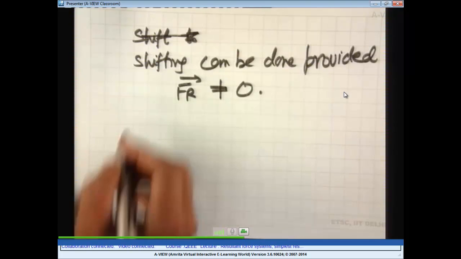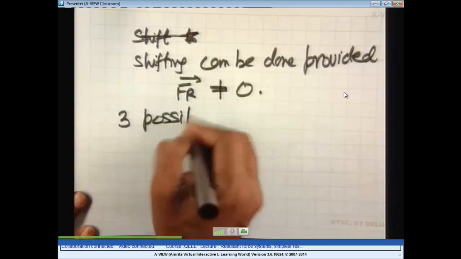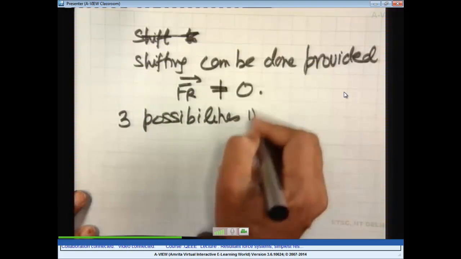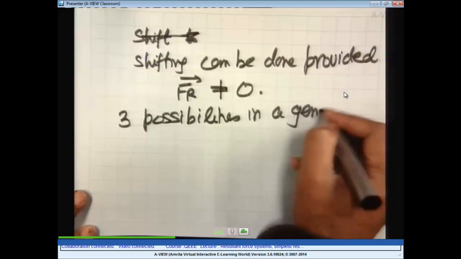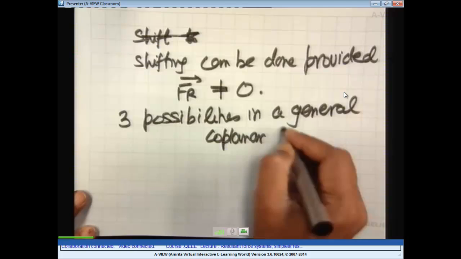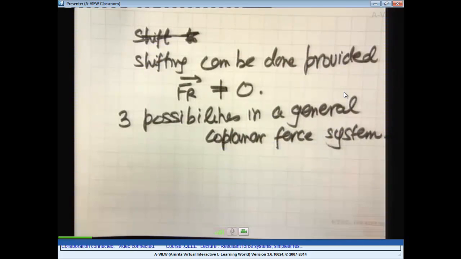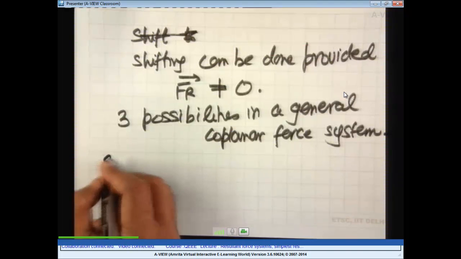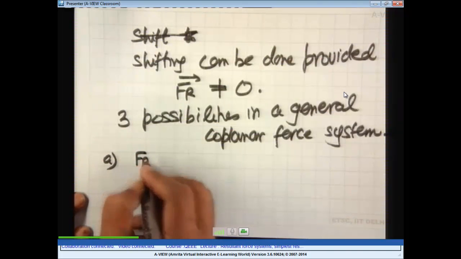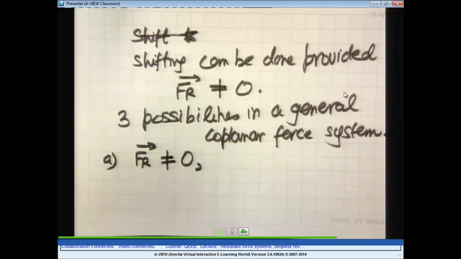So therefore, what we have is there could be 3 possibilities in a general coplanar system. Possibility 1, Fr is not equal to 0. That means sum of resultant forces is not equal to 0.